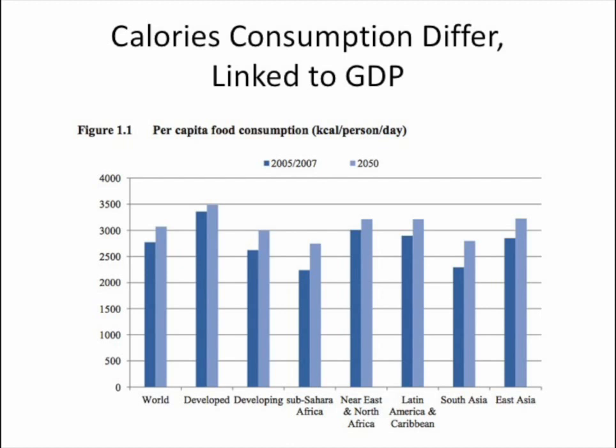Here the blue bars in this figure 1.1 comes from a reading, shows calories consumed per capita in the world, developing countries. One item to note is that developing countries consume less than developed countries, and overall we are expecting growth in pretty much every area of calories consumption to 2050 in the future.